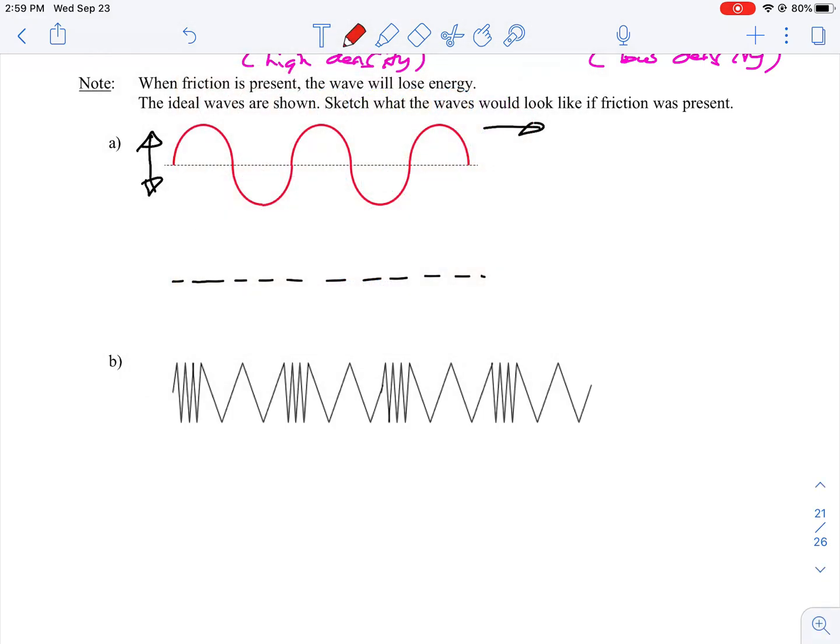Because there's a loss in energy, and the energy of a transverse wave is the amplitude, it's going to start with a really high amplitude, as we see in the diagram, but then the amplitude is going to get smaller and smaller. So it kind of looks like this.